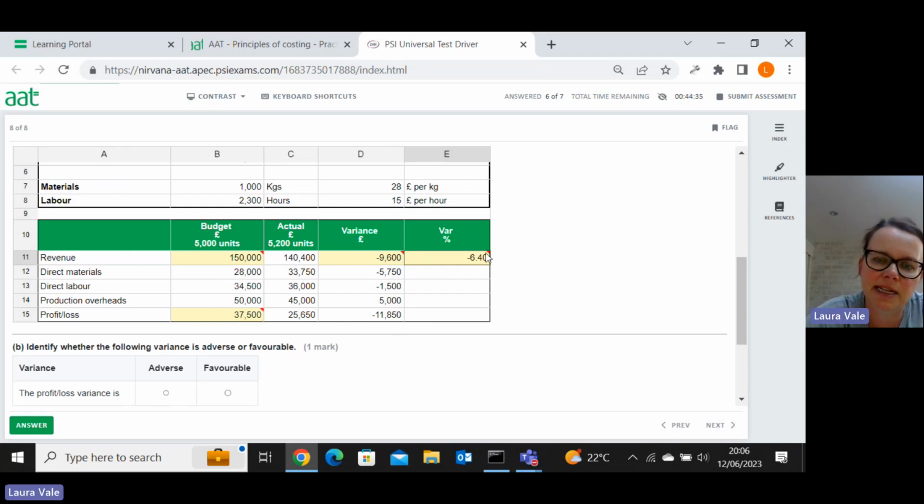The percentage is coming up with a minus sign, consistent with the variance. For the ones we're just working out, follow that same logic. If it's a minus here, it's a minus there as well. So 5,750 divide by 28,000 times 100.